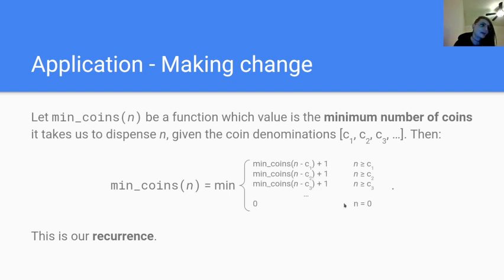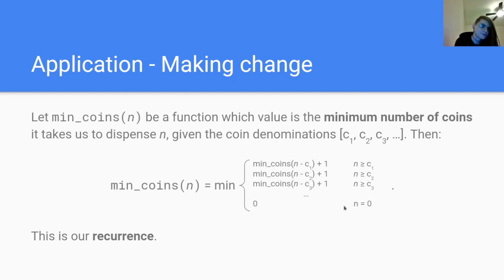Our base case is that we're making change for n equals 0 cents. In that case, we can get away with dispensing 0 coins. This is the optimum that we're ever going to get. And that will always win the war between all these different terms in the min call here, because 0 is going to be less than everything else here, if n equals 0.